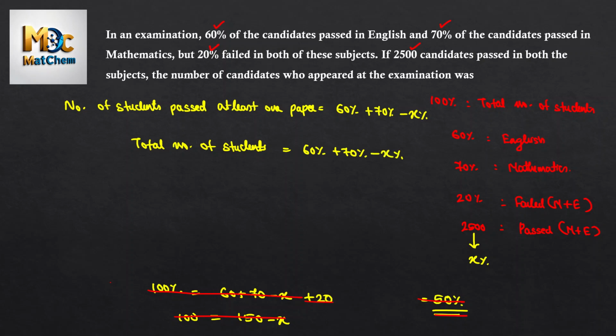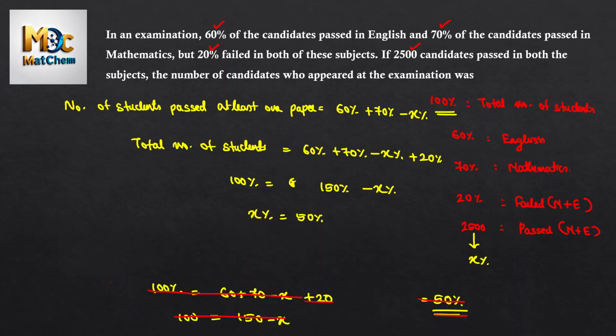What is the percentage of students who failed in both? That is equal to 20. This will be equal to the total number of students, that is 100 percentage. So what can we write? 100 percentage equals 60 plus 70, 130, plus 20, 150 percentage minus X percentage. That means X percentage will be equal to 50 percentage.